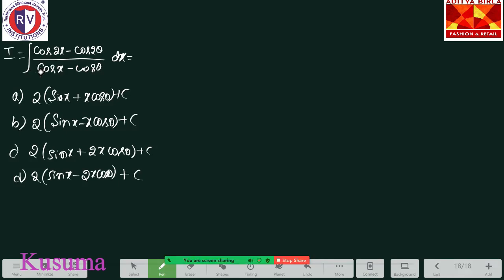So this is our I. So let us replace cos 2x by 2 cos square x minus 1. So I will become 2 cos square x minus 1 minus of 2 cos square theta minus 1.